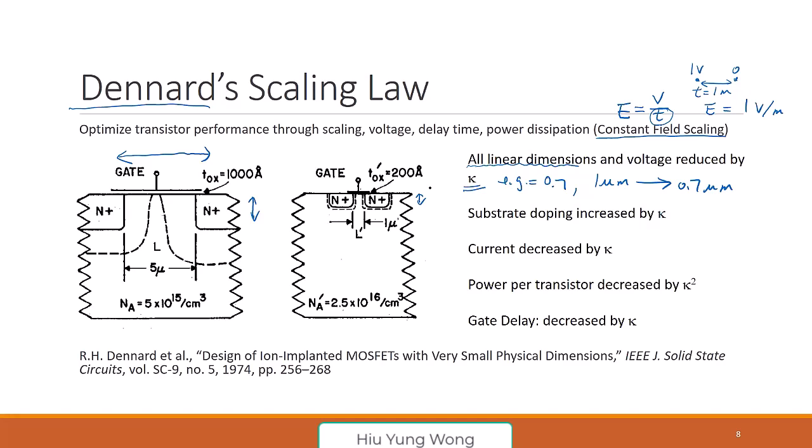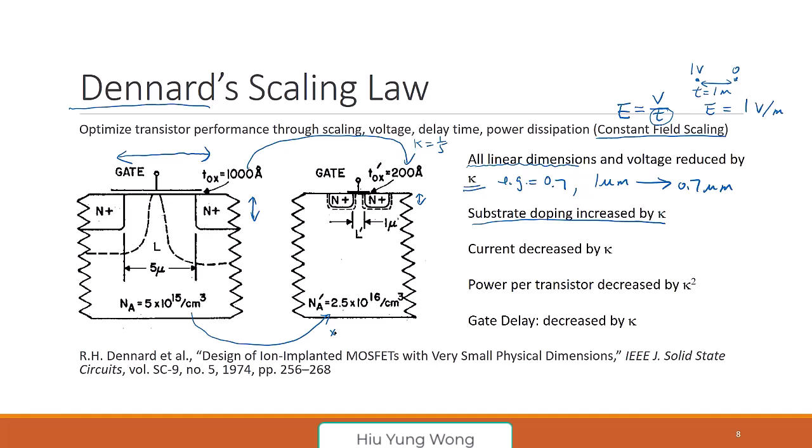And then he also said that this time, the substrate doping also needs to be scaled by kappa. So for example, when the dimension is reduced by 5, this one is divided by 5, so kappa equals 1/5, right? What happened to doping?